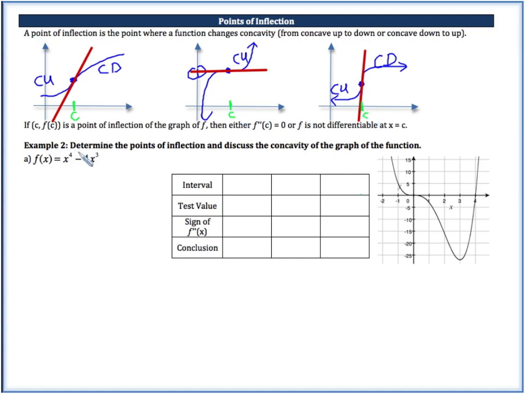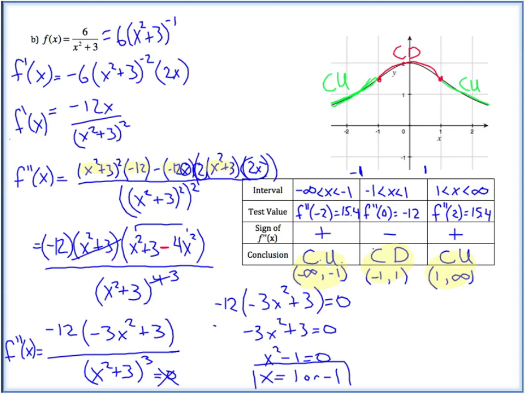Let's look back at some of our other examples because we were dealing with concavity. Let's go back and look at this one. Remember, a point of inflection is where we switch from concave up to concave down or concave down to concave up. In this graph right here, it's where we switch from concave up to concave down. So this would be a point of inflection right here, and our c value would be -1.